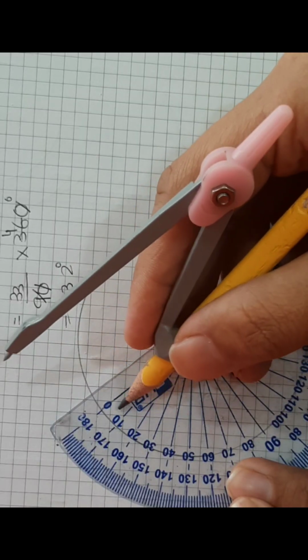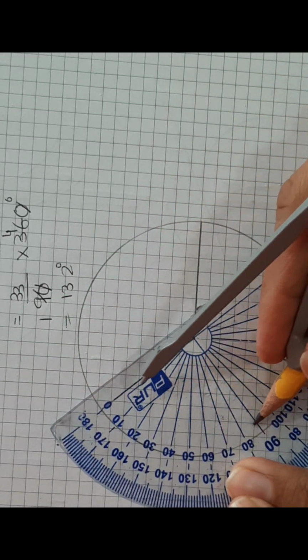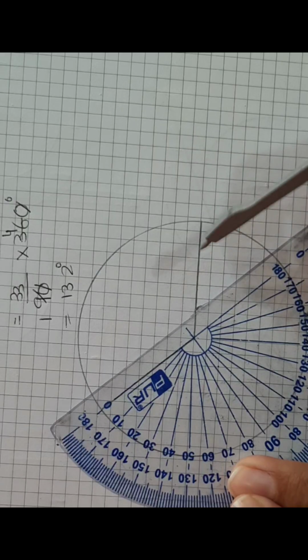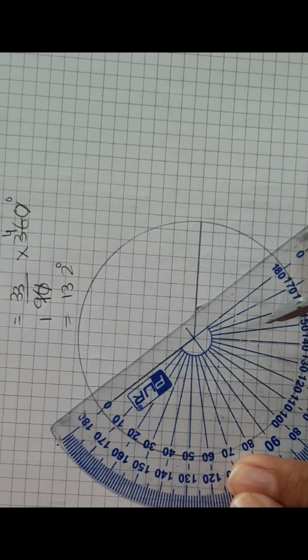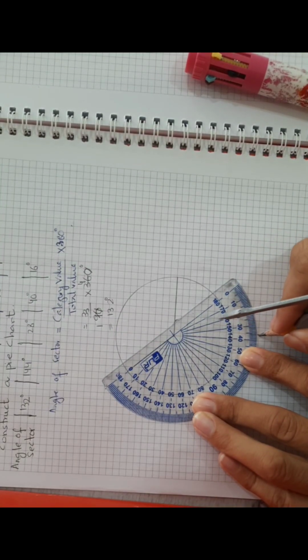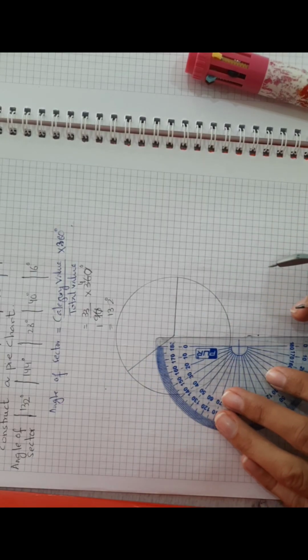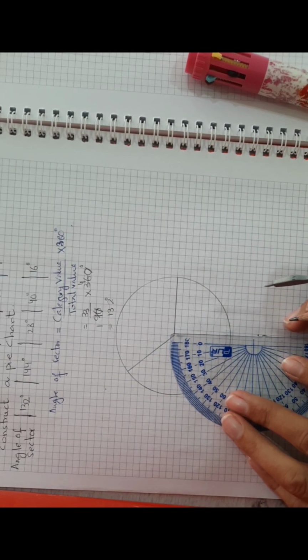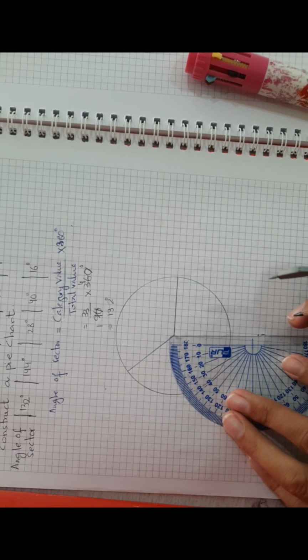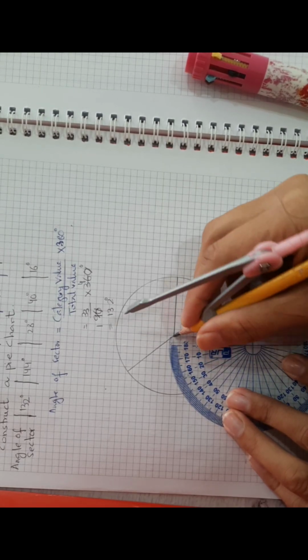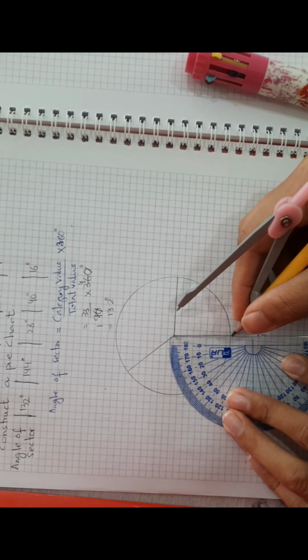So you have to mark 144. 140 is here, so 144 will be 1, 2, 3, 4 right here. Let me show you. 144 will be right here. Now let's connect it with the center again, like this. Yes, this is how we do it.